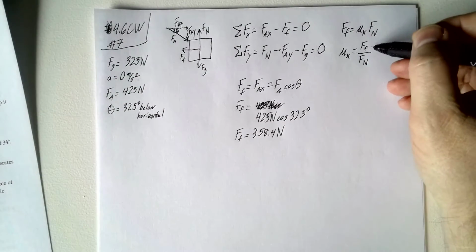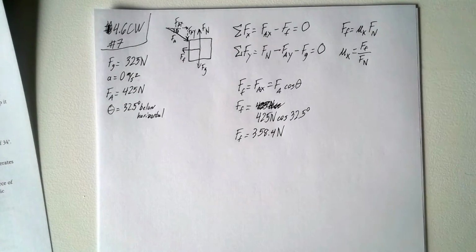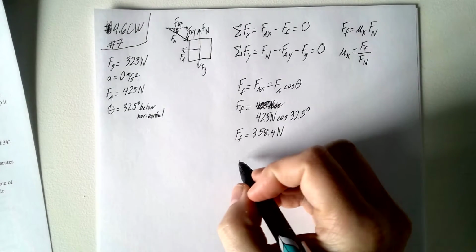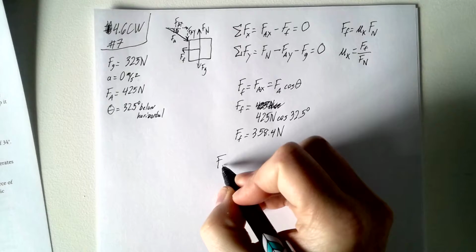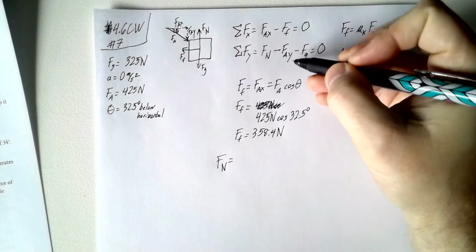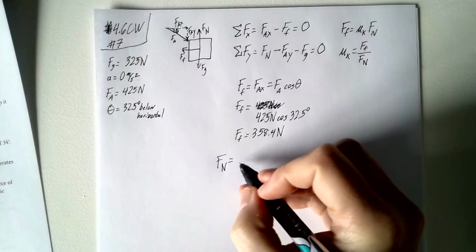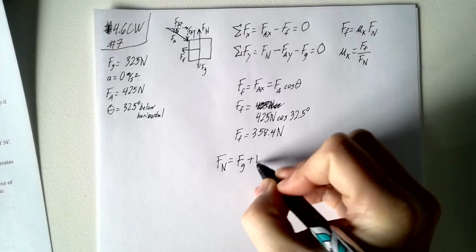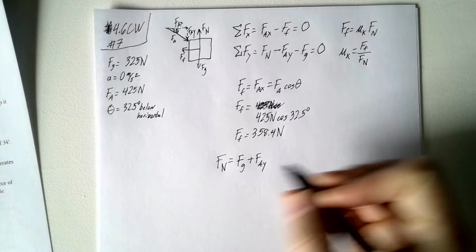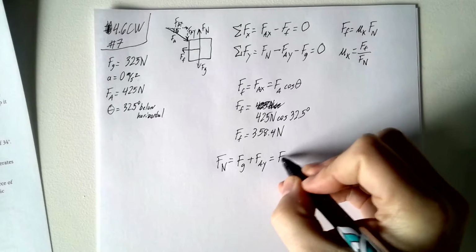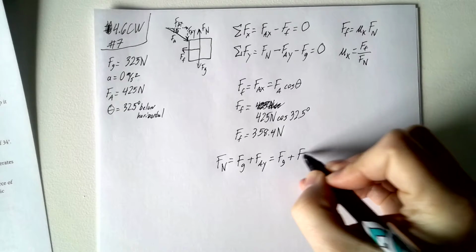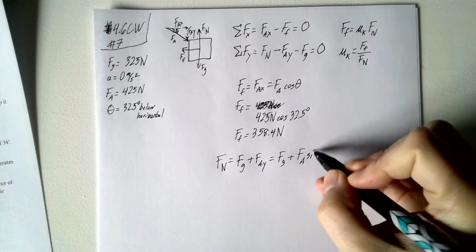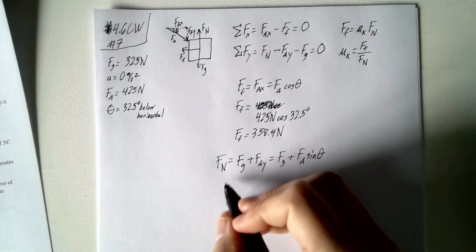And so now we have this one. Now we need to find F sub n. I'll move down here. So F sub n, we're just solving this equation for Fn, is Fg plus FAY. So that's Fg plus Fa. We're using sine now because it's the opposite side. Sine of the angle.